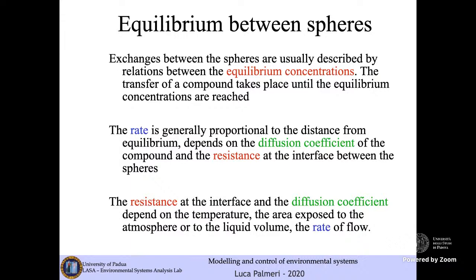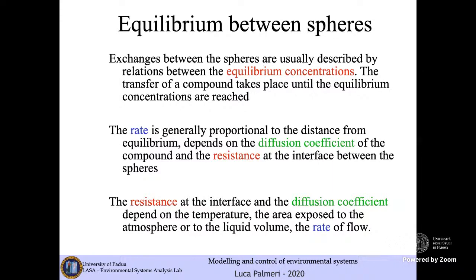The cross section is an indicator of how strong is the interaction between the two elements or the two sides, and this is described in terms of resistance at this interface.